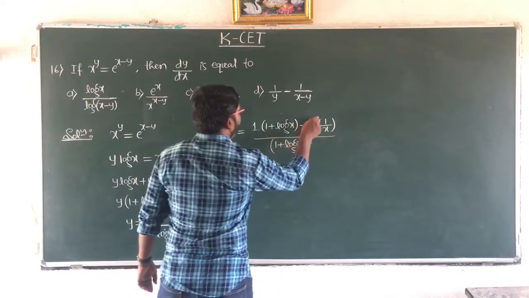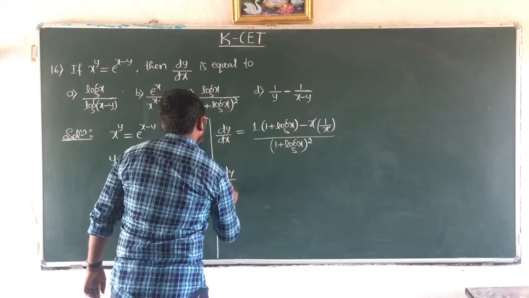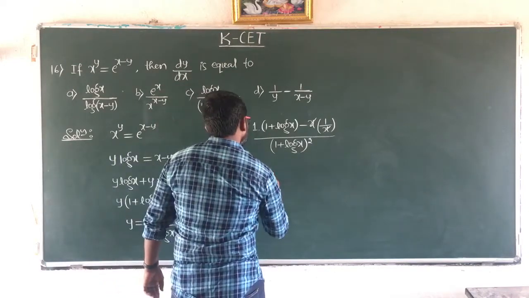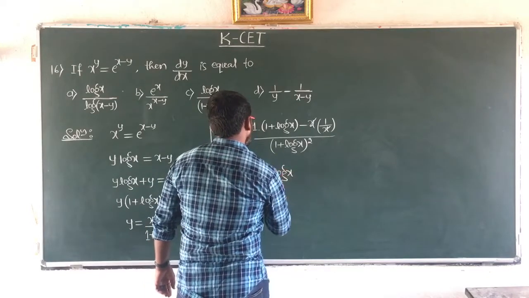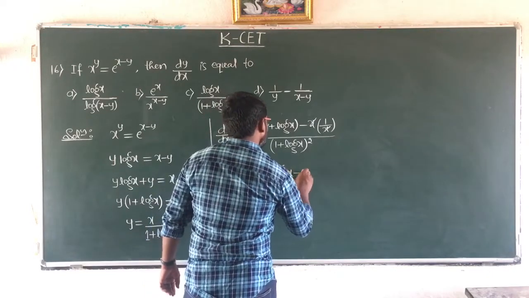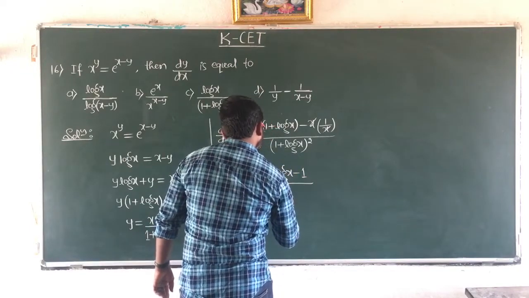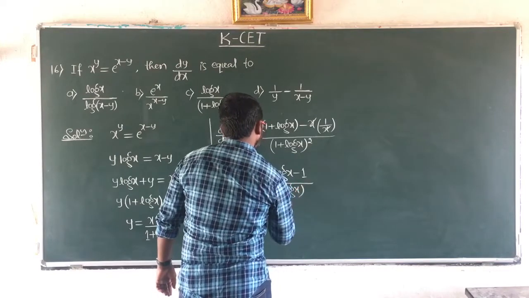So here x and x get cancelled, dy by dx is equal to 1 plus log x minus 1 divided by 1 plus log x the whole square.